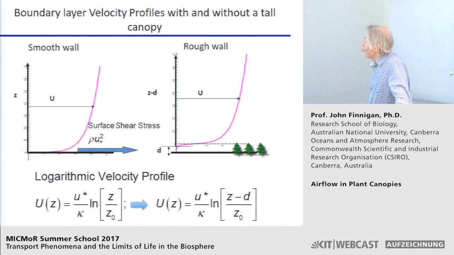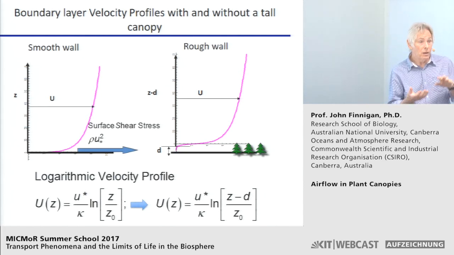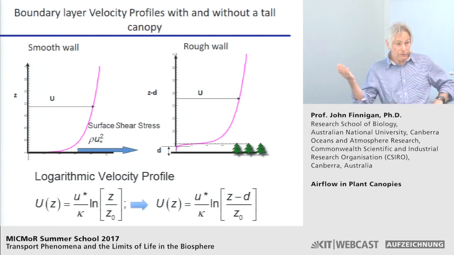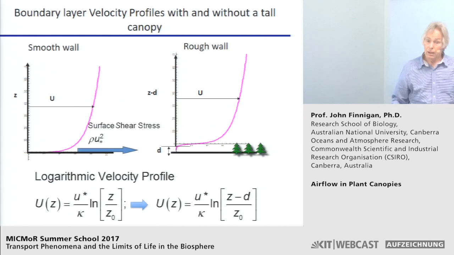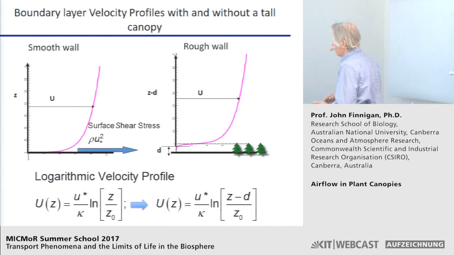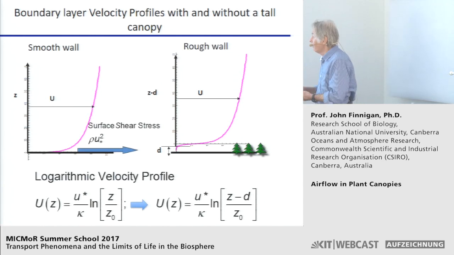So I'll leave you with just the adjustment you have to make to the log law when you move from flow over a flat surface, where all the momentum is absorbed at the plane, to a canopy, which could be a forest or a crop or a city even, where the momentum's absorbed over some height range.